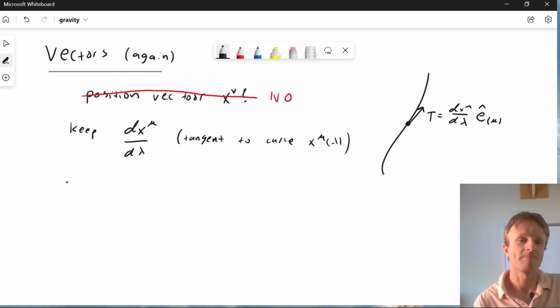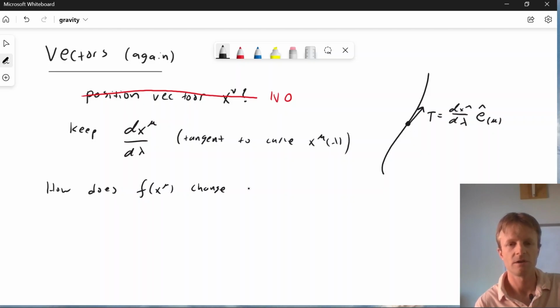And here's the trick. What we do is we think about the question of how does a function f change along a curve. Some function f of x mu, how does it change along this curve?